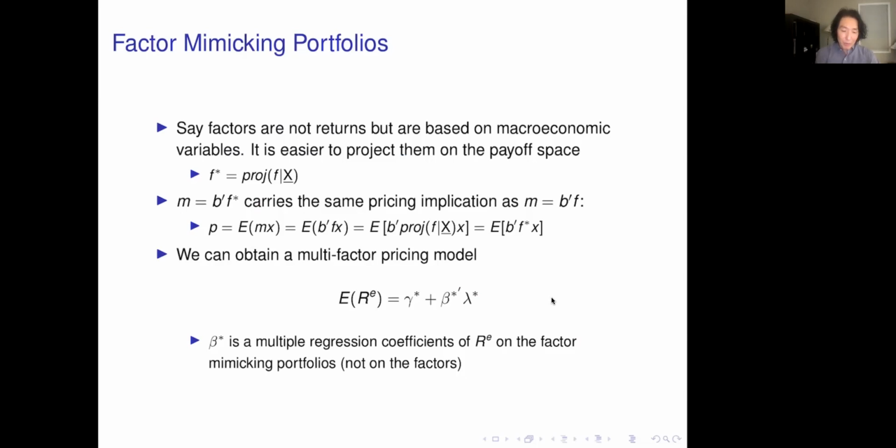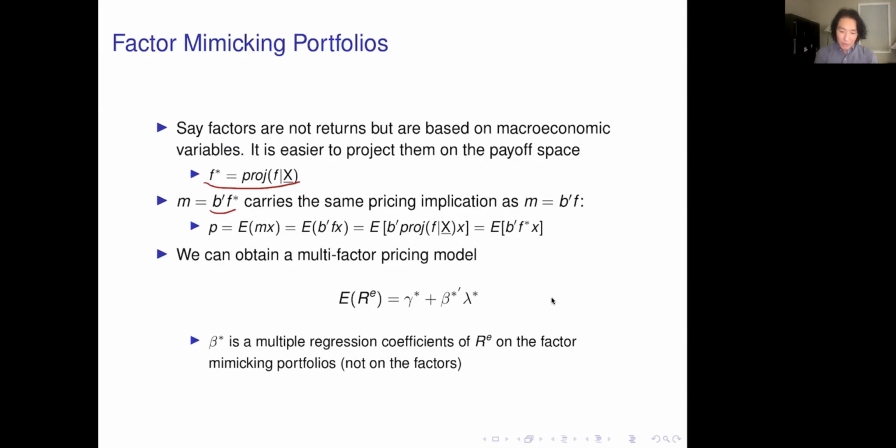Once we have the projection of F on the basis assets X, the projected part of the factor carries the same pricing information as the full stochastic discount factor.